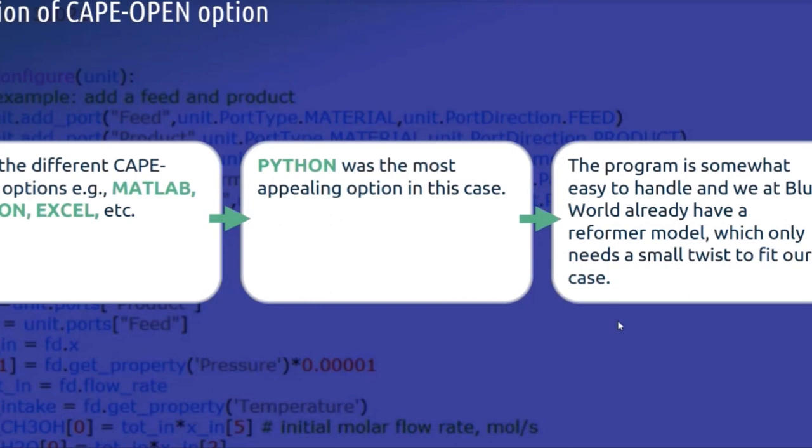But Python was the most appealing option in this case, because we had already made a Python model for the reforming process, which only needed some small adjustments to be ready to put into our shell and tube reformer. So that was the obvious choice for our case.